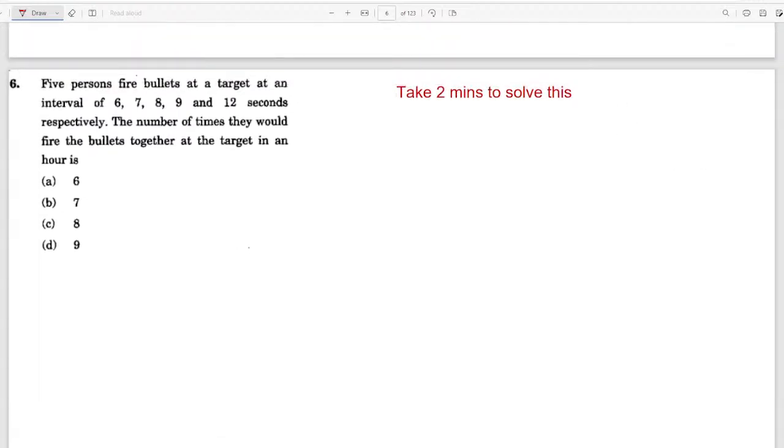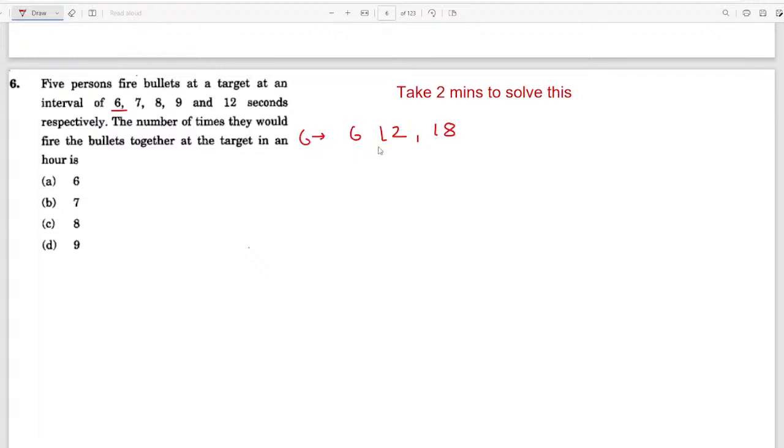What they're asking is, if 5 people fire bullets at a target at intervals of 6, 7, 8, 9, and 12 seconds. There are 5 people. For example, this person fires after every 6 seconds. So on the 6th second this person will fire, the next time he'll fire is on the 12th second, the next time on the 18th second.